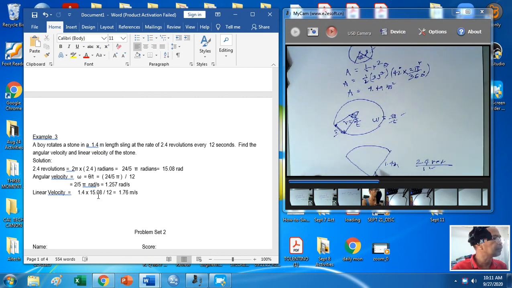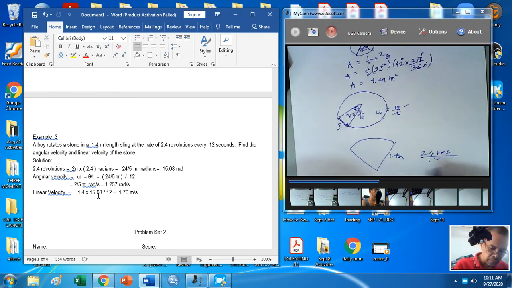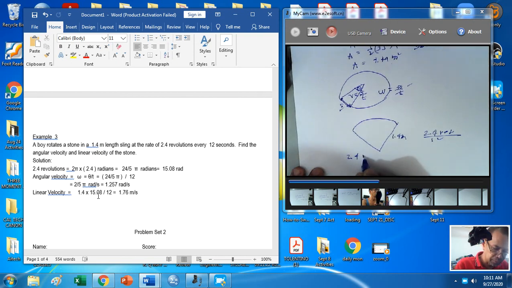Find the angular velocity and the linear velocity of the stone. Now, yung 2.4 revolutions per 12 seconds.